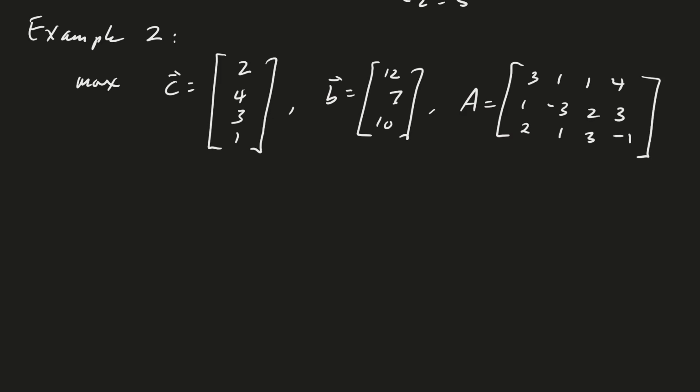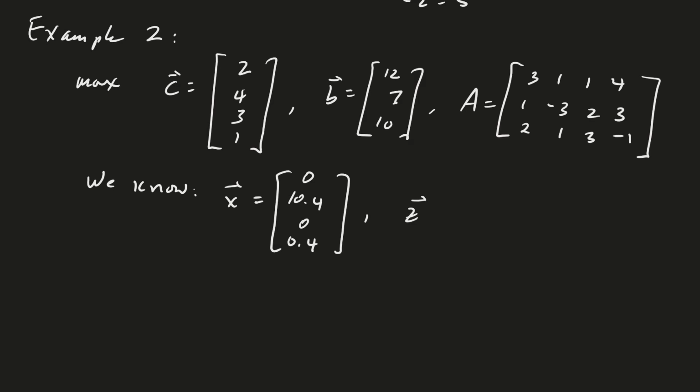Okay, and now suppose I also know what the solution for the primal is, and we know it's 0, 10.4, 0, and 0.4. And just for the sake of argument, our Z is equal to 42. Okay, so can we find the solution to the dual?